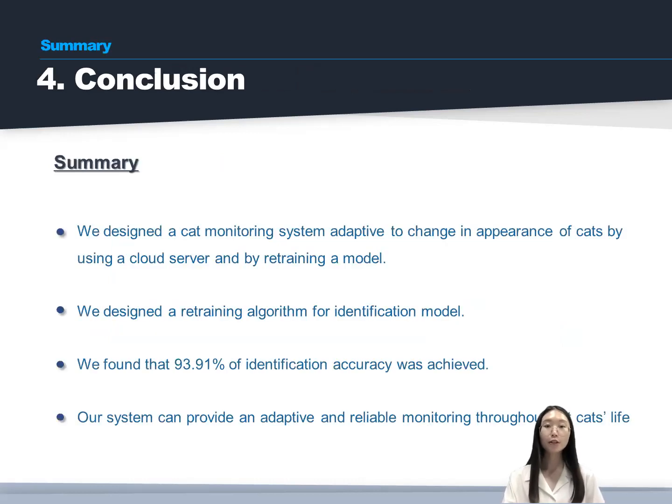In summary, we designed the cat monitoring system adaptive to change in appearance of cats by using a cloud server and by retraining a model. We designed the retraining algorithm for the identification model. And the experimental results showed 93.91% of accuracy, with setting K to 5 in the KNN algorithm yielding the best performance for cat individual classification.